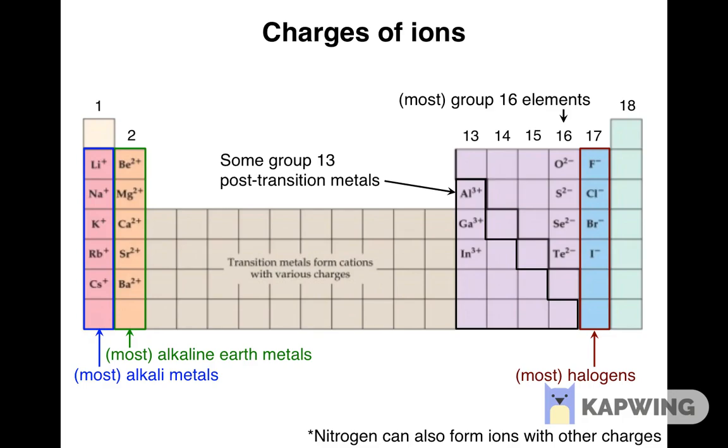When halogens form ions, their atoms gain 1 extra electron and form anions with a minus charge. The 2 heaviest halogens, astatine and tennessine, are exceptions to this rule, but we will not talk about them in this class.